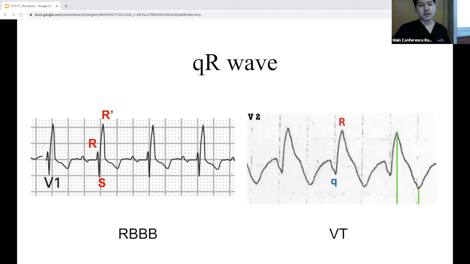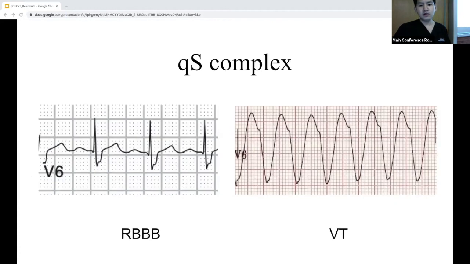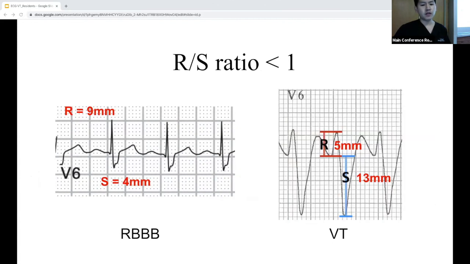The third finding you may see is a QR wave, which you won't see in a typical right bundle branch block. In V6, instead of having this RS complex, you may either just have one large S wave, a QS wave, or you can have an RS complex where the R wave is smaller than the S wave.